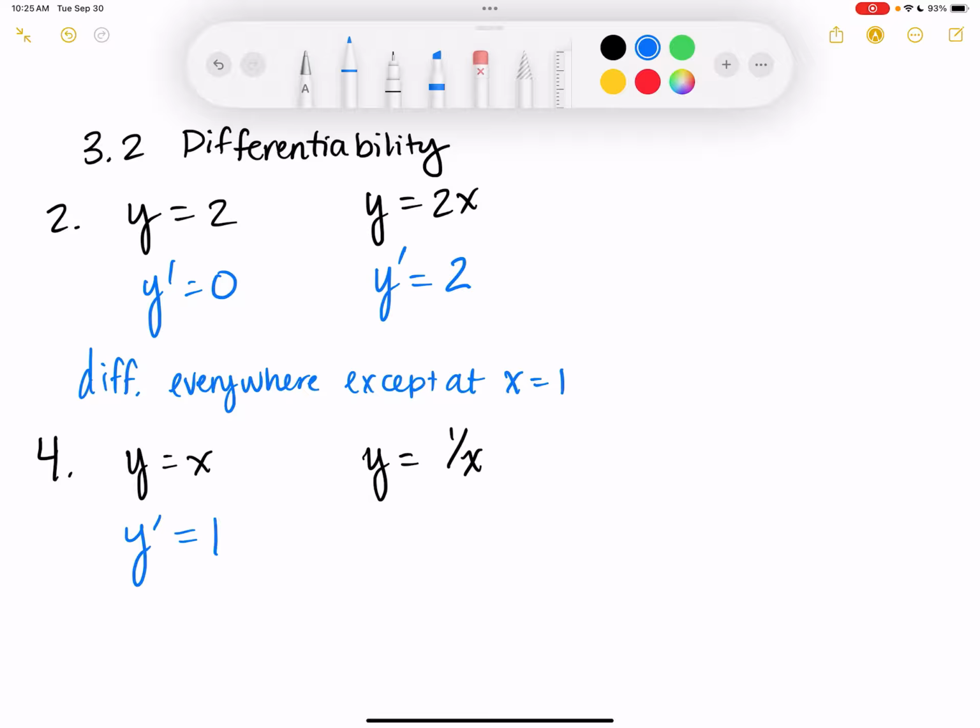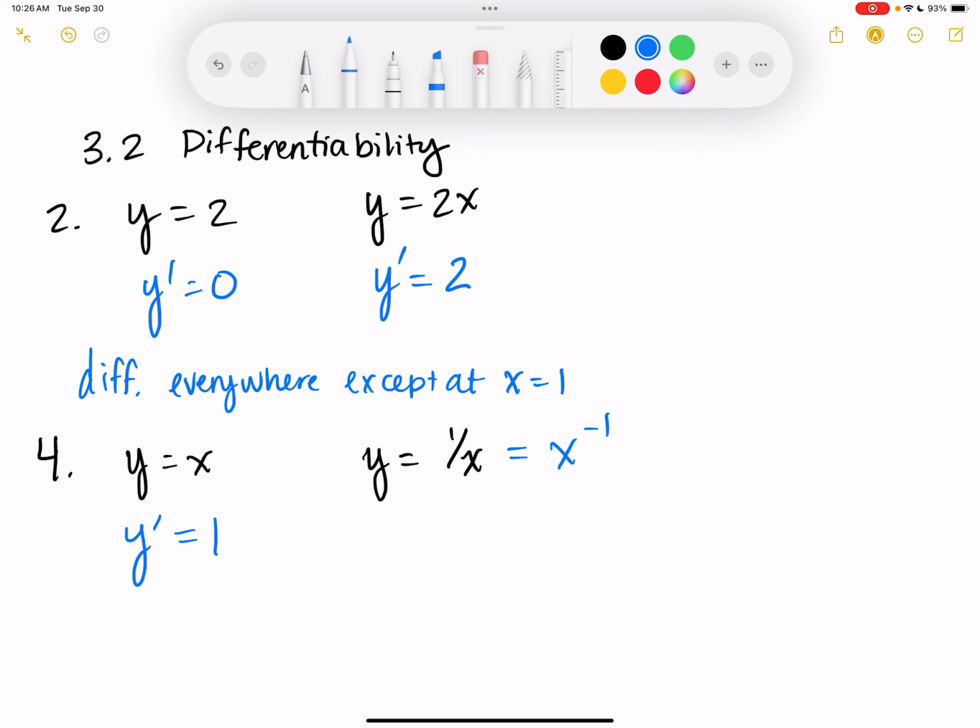On the one on the right hand side, I would suggest you rewrite this with x on the top of the fraction. So rewrite this as x to the negative 1, because we can take the derivative of something in the denominator, however you don't have all the rules to know how to do that yet.